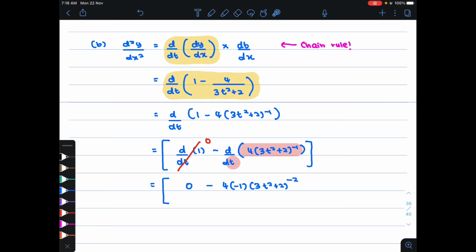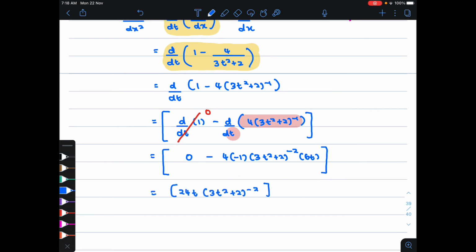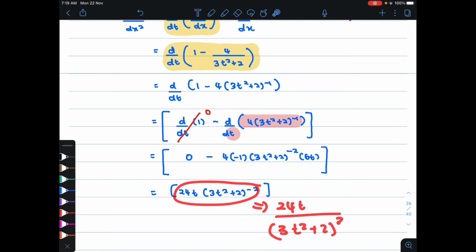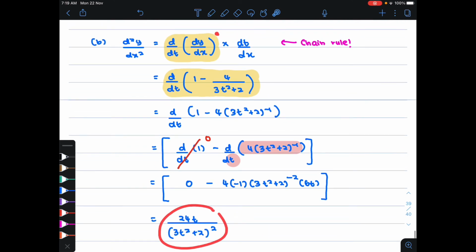But don't forget that you still need to differentiate the function inside. So differentiate 3t squared plus 2 and we will get 6t. So now let's simplify everything here. And we will get 24t times 3t squared plus 2 to the power of negative 2. So this is for d/dt of dy/dx only.